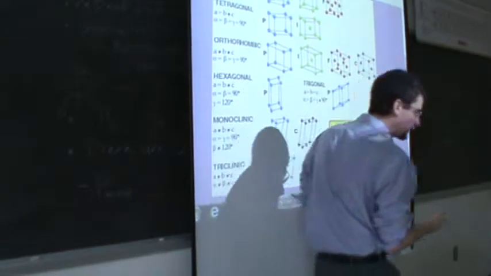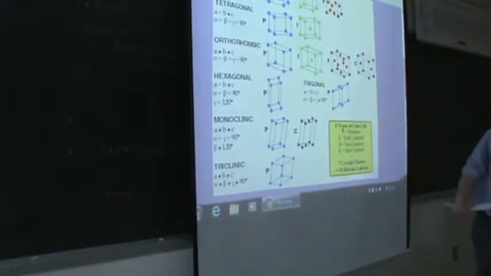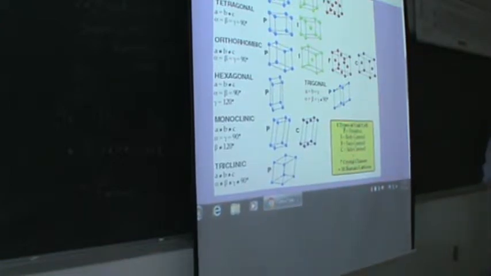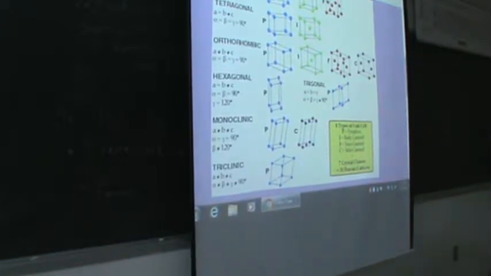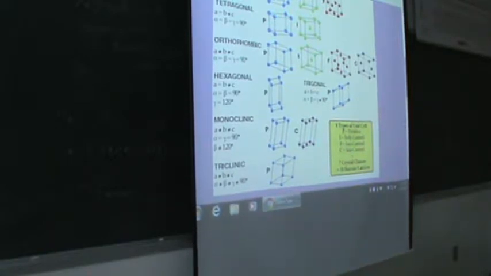Now, if you go into the chemistry offices, you'll see that there are a ton of these crystals hanging around. You guys are going to have an assignment. What I want you to do is take pictures of the listed crystal cells, the Bravais lattices that I have. You can either print them out or send them to me, but there has to be a label for each of them, okay?